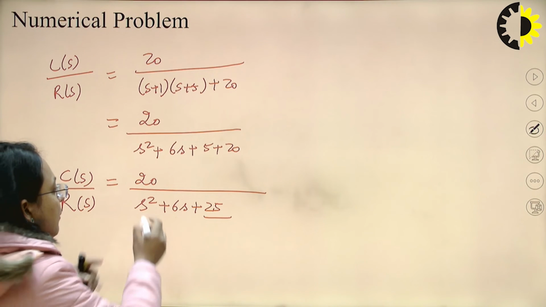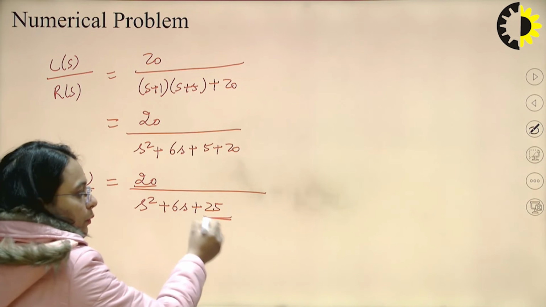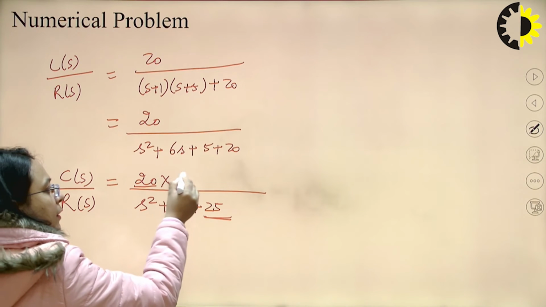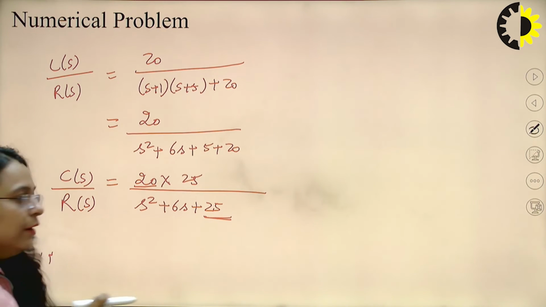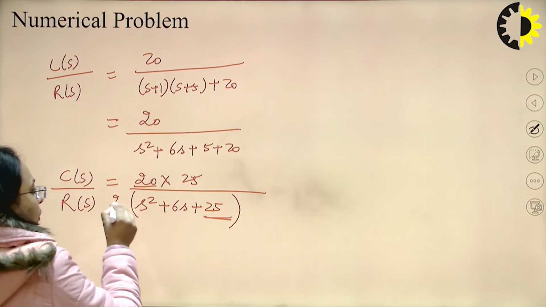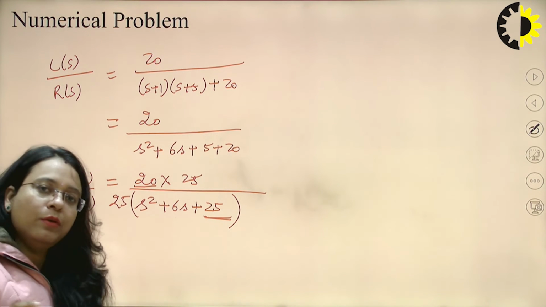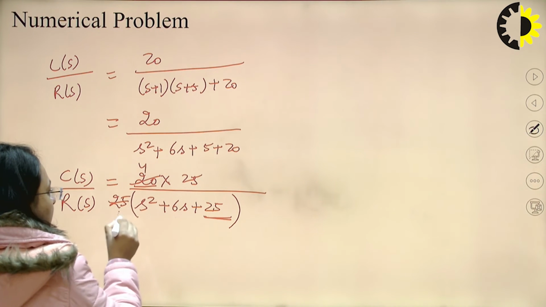So you can see here we have two different values, and we cannot change this value. So what we can do is multiply the numerator and denominator by 25 so that we will get the same value, and now this 20 upon 25 will become the constant K, right?